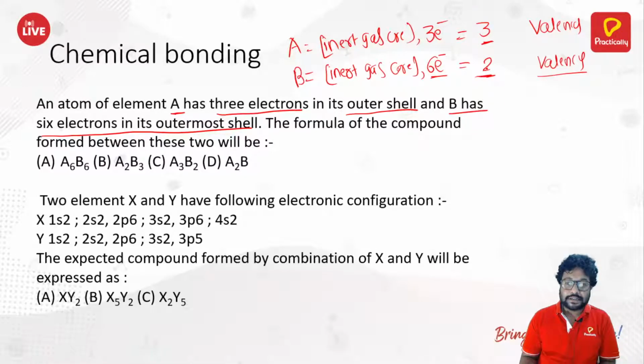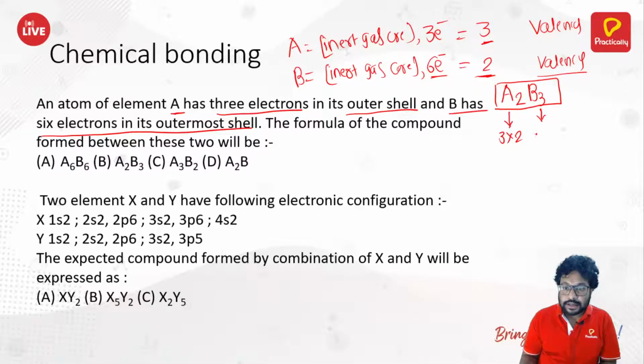Then how can we justify this? By cross multiplying. That means you need to have 2A and 3B to be able to form a compound between them. Because valency of A is 3, we have taken 2A, right? So 3 into 2. Valency of B is 2, we have taken 3B, right?